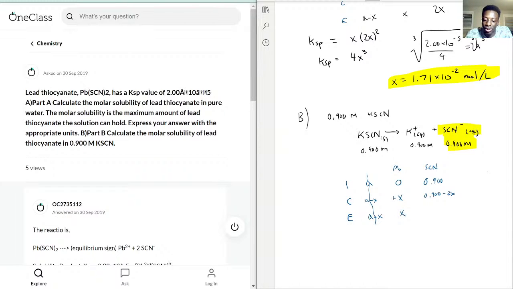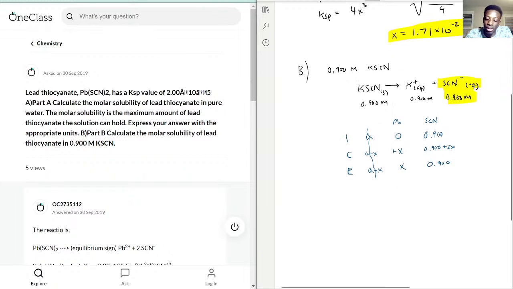Like the amount, whoops, it's not even going to be minus, it's going to be plus. Sorry about that. The amount that's going to be added to the 0.900 is going to be so insignificant that in the end, we're really just going to have 0.900 still. Because there's so much thiocyanate and because the K value is so low, it's not really going to change how much thiocyanate we end up with.